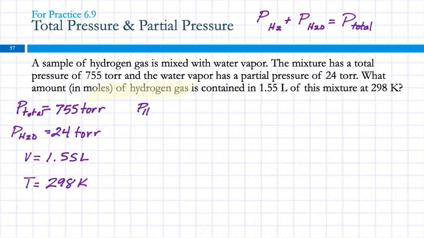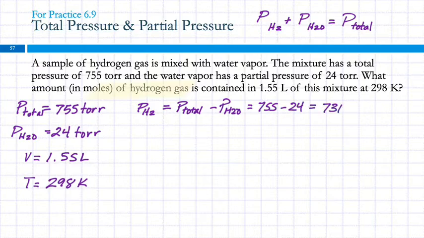The partial pressure of the hydrogen, the thing I'm interested in, is the total pressure minus the partial pressure of the other thing in there. So 755 minus 24, 731 torr. So there's my pressure, here's my volume and my temperature. I'm going to use the ideal gas law. This isn't going to work, so I have to convert that to atmospheres.